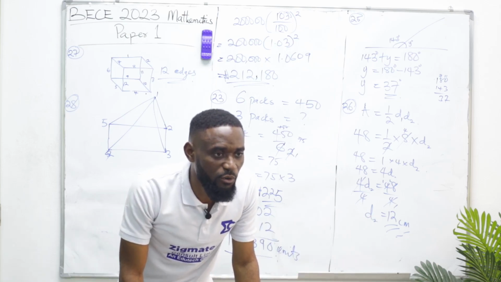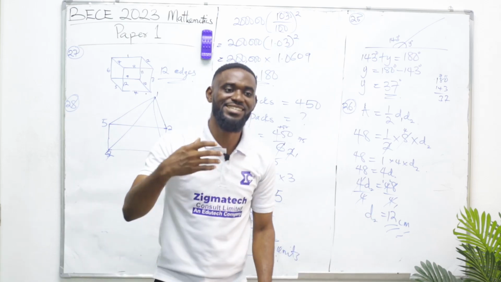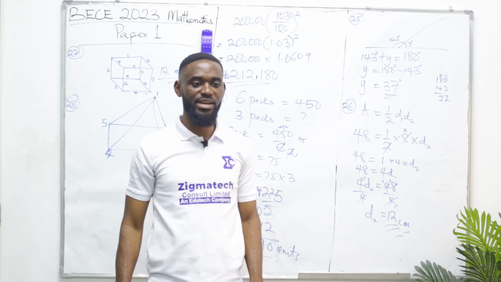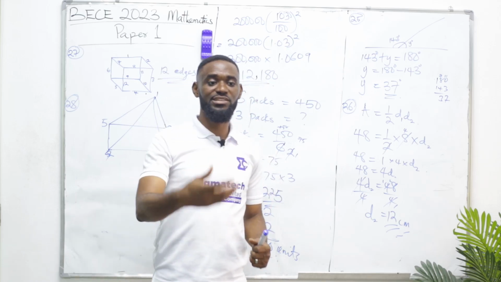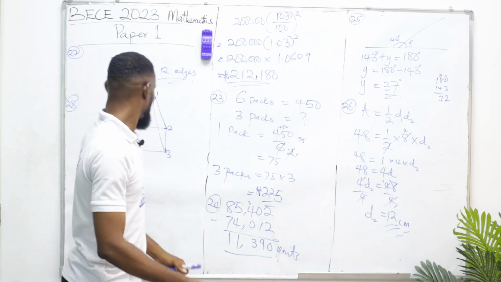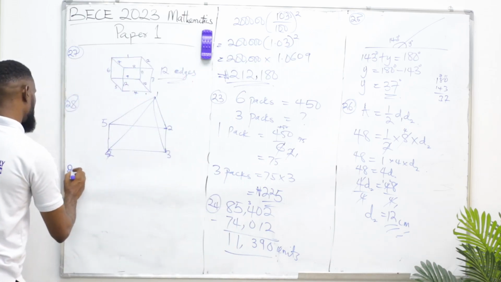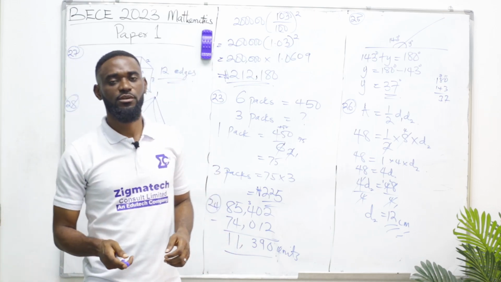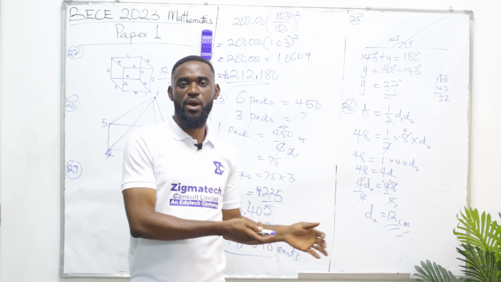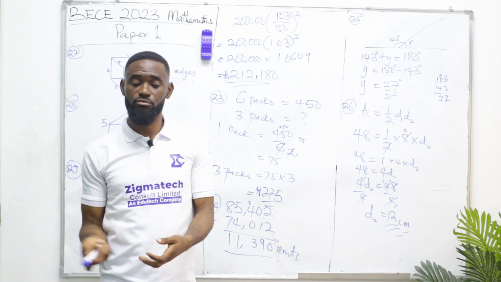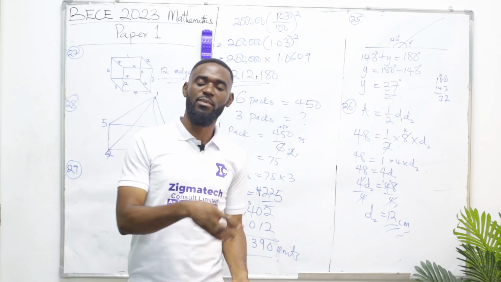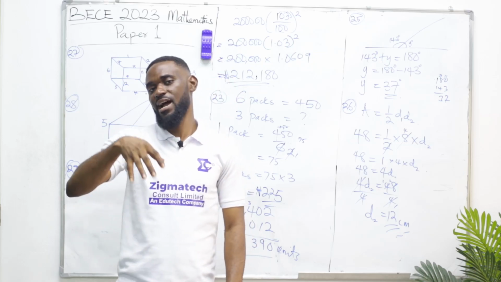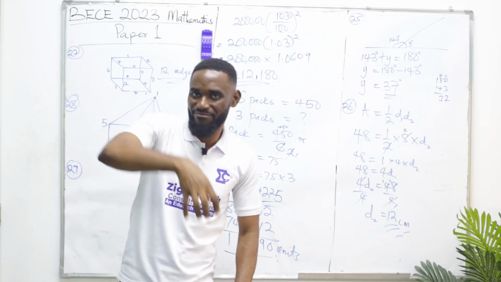All right, so the next one: which of the following gives the volume of a cylinder of height h and base radius r, okay? Now talking about cylinder, I know you know that for plane shapes we talk about area, while for solid shapes we talk about volume, because this one has a height, a depth.